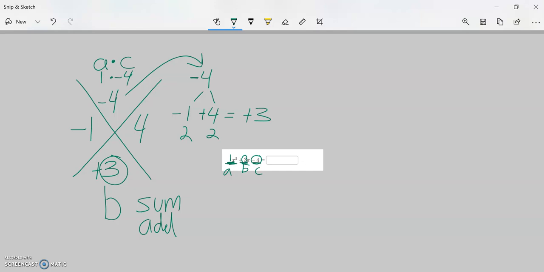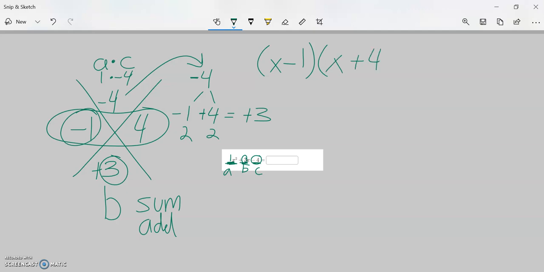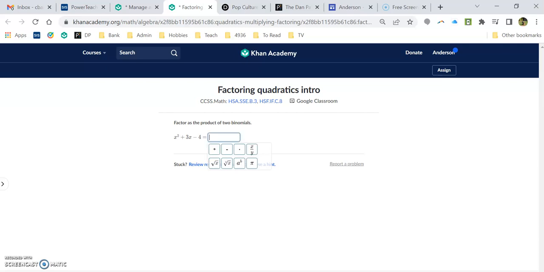So this is essentially the answer. You'll write it as x minus 1 times x plus 4, in parentheses. And that looks right.